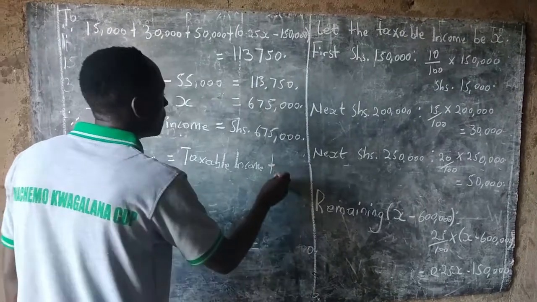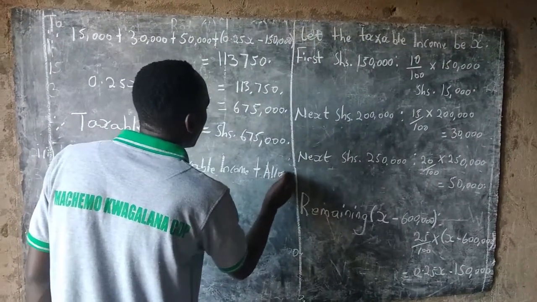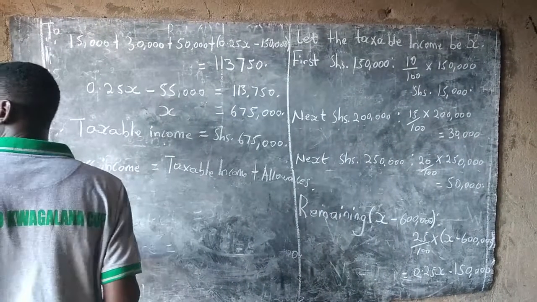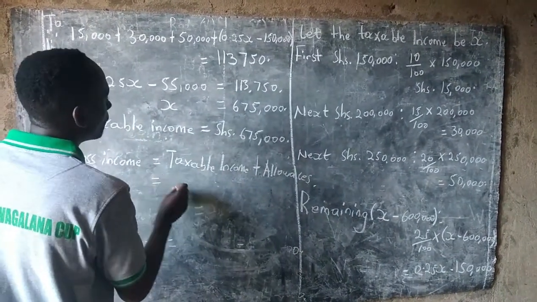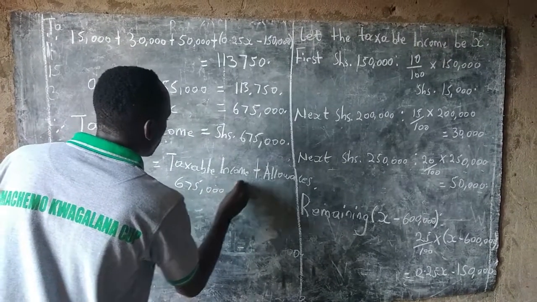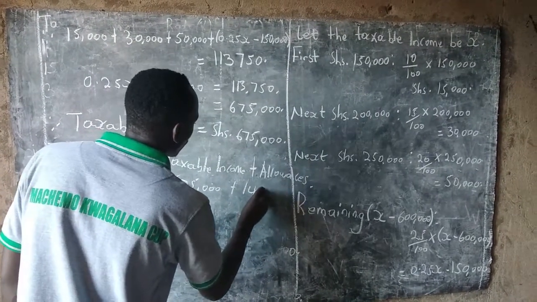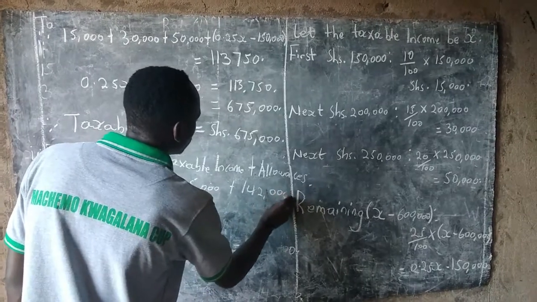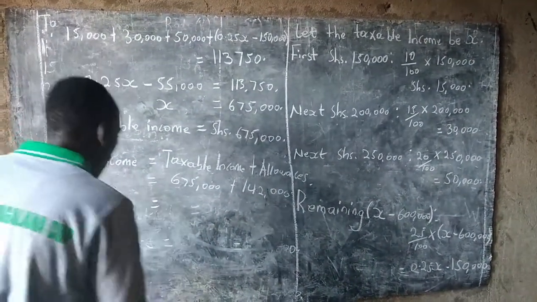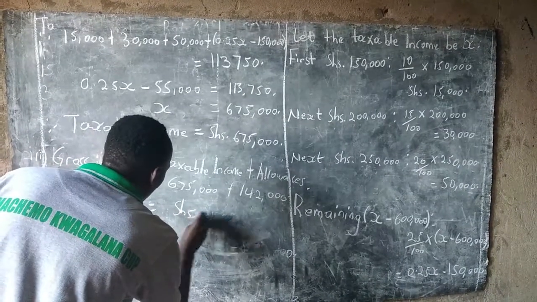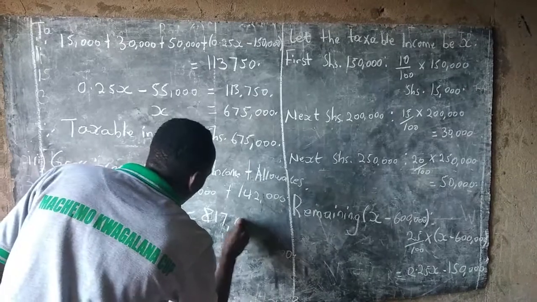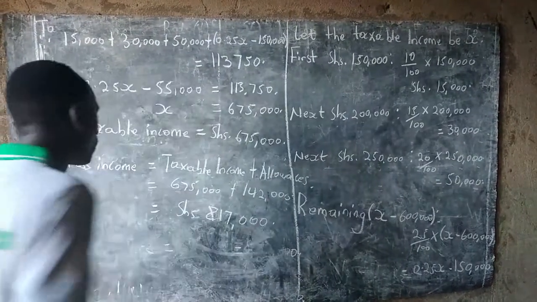No, it is plus the allowances. Remember, I'm now doing things backwards. So I'm now having my 675,000 plus the 142,000. What am I having there? I'm having shillings 817,000 as my gross income.